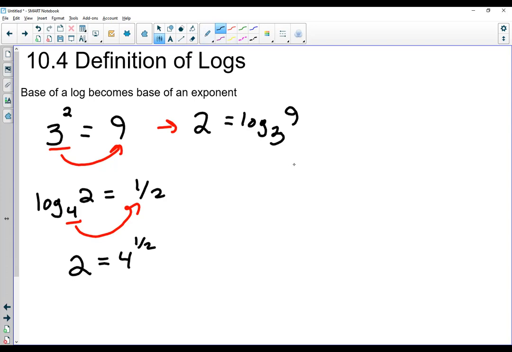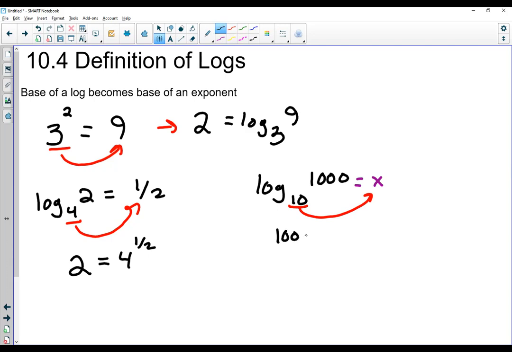If I ask you to simplify, for example, log base 10 of 1000, what you would do is you set it equal to X. You would set it equal to X, then bring the base 10 over to the other side.